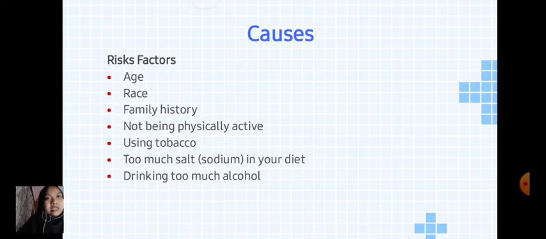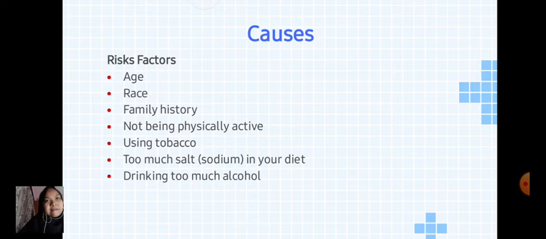And then race. High blood pressure is particularly common among people of African heritage, often developing at an earlier age than it does in whites. Serious complications such as stroke, heart attack, and kidney failure also are more common in people of African heritage.